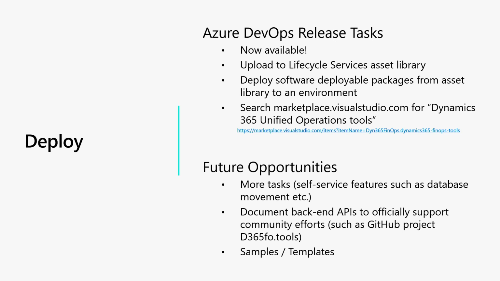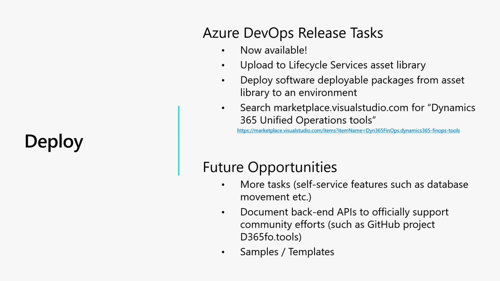A question I get frequently as well is whether we're going to document some of these APIs. Long term, that is definitely the plan. We're still tweaking some of that, so we really don't want people to take dependencies on the back-end API, so we really encourage you to just use the Azure DevOps tasks. We know there's a couple of community efforts like the D365FO tools that have PowerShell commandlets that want to do all these things.